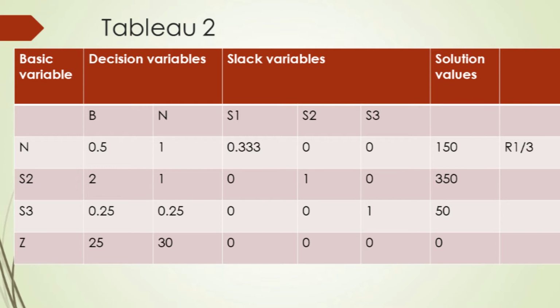Then from there, we can divide the values in the solution values column by each of the values in the pivot column. So we start with the 50. Also the 0 divided by 30, well, that is 0.